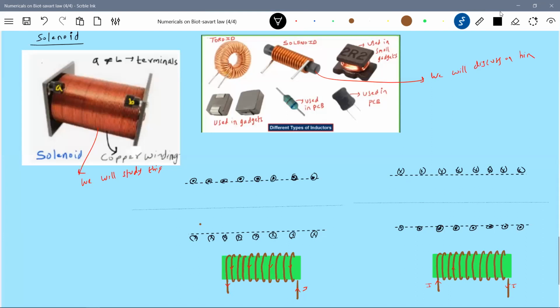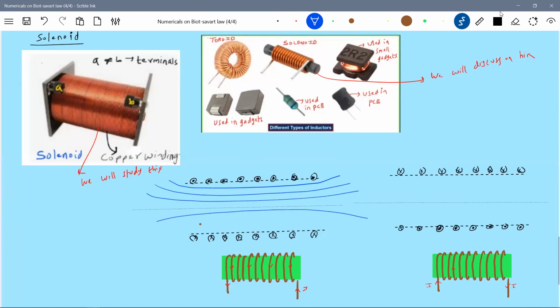Now, shall we assume this to be like a ring? We know the magnetic field due to a ring. So how will the lines of force be? The lines of force here will be like this.